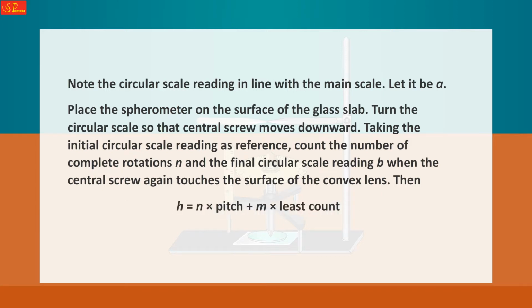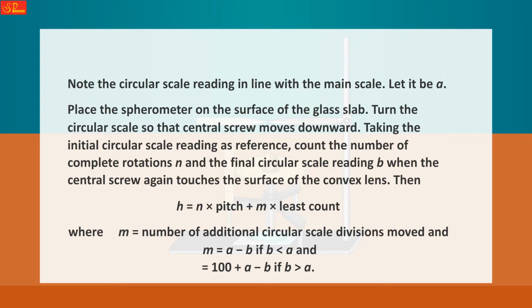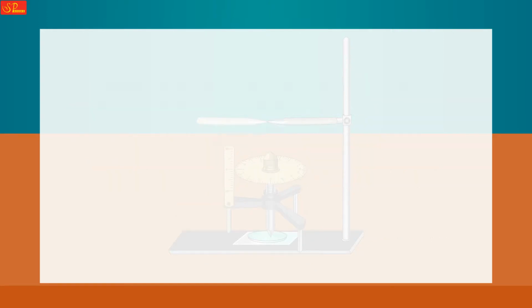Then h equals n into pitch plus m into least count, where m equals the number of additional circular scale divisions moved, and m equals a minus b if b is less than a, and equals 100 plus a minus b if b is greater than a.